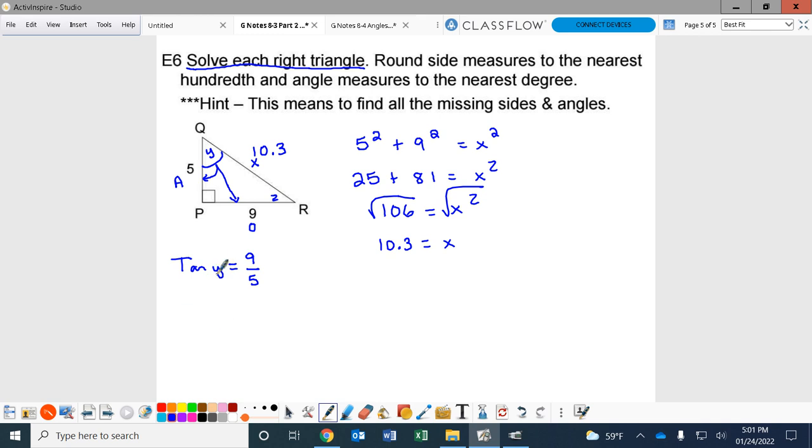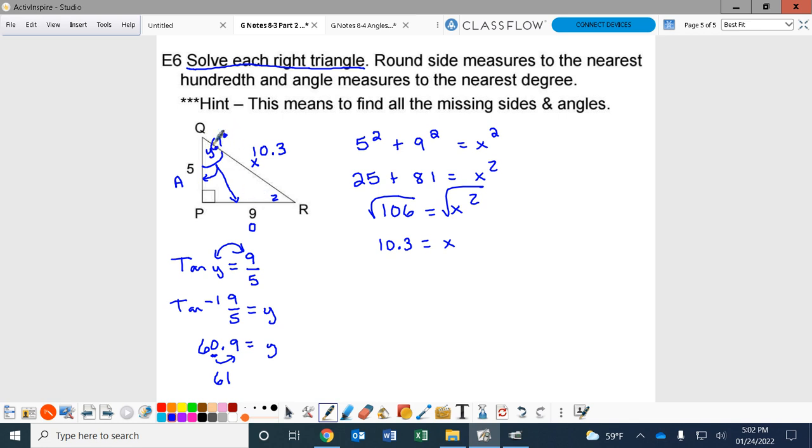Whenever you have a variable right here, you are going to switch them and change it to tangent of negative 1 of 9 over 5 equals y. Excuse me. You would type 9, fraction, 5, second tangent, equals, and it's going to give you 60.9 equals y, which we've got to look at rounding. A 0 with a 9 after it would round up. So that would make that angle 61.